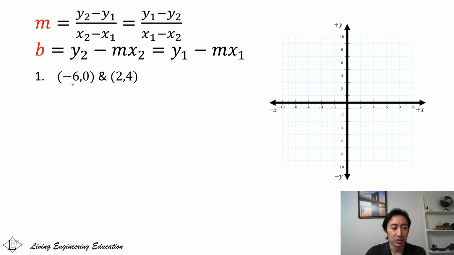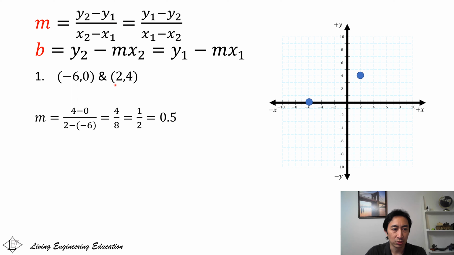We have points -6, 0 and 2, 4. So I can plot that on my graph here. I've got -6, 0 and 2, 4. So this is my x1, this is my y1, this is my x2, and this is my y2. I can plug into this equation here to solve for my slope. I have y2 as 4, and I have y1 as 0.